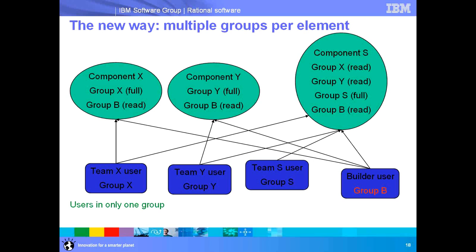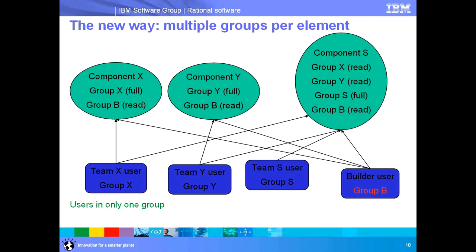Now coming to the interesting part, the build user. We have already seen that in the role file we have defined group B, and in the policy we have given read permission for this particular role in all the policy files. So the build user will be added only to group B, but effectively he is getting the read access on all the components.